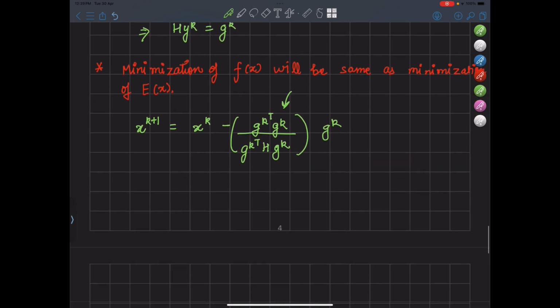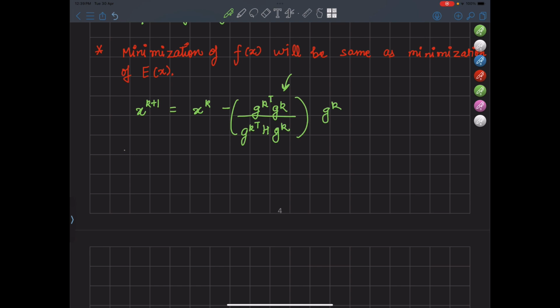Now let's look at what will be the relative decrease in E of xk, by which I mean that if we shift from xk to xk plus 1, what will be the relative change in E of xk.